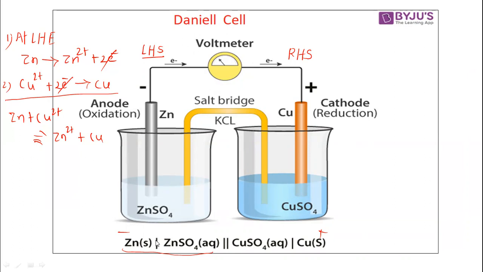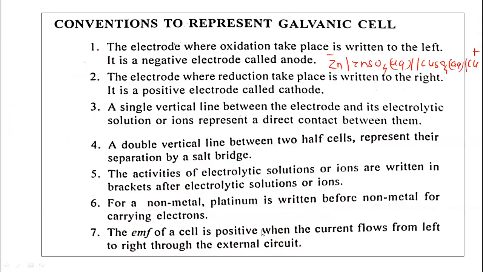The single vertical line indicates that there is a direct contact between the zinc metal plate, the zinc electrode, and the electrolyte solution zinc sulfate. Similarly, in this case, the copper electrode is in contact with the copper sulfate solution. So this single vertical line means that the copper electrode is in contact with the copper sulfate solution. This is the meaning of the single vertical line.